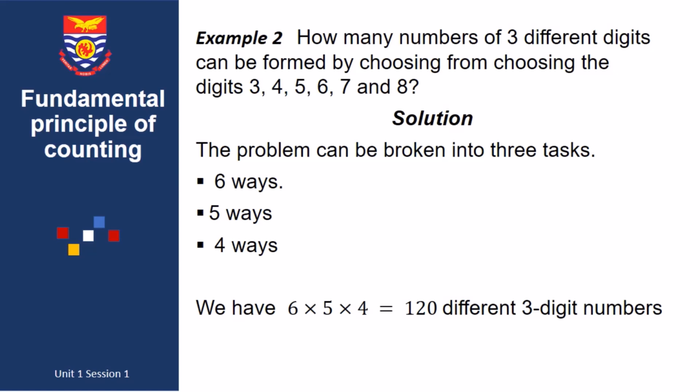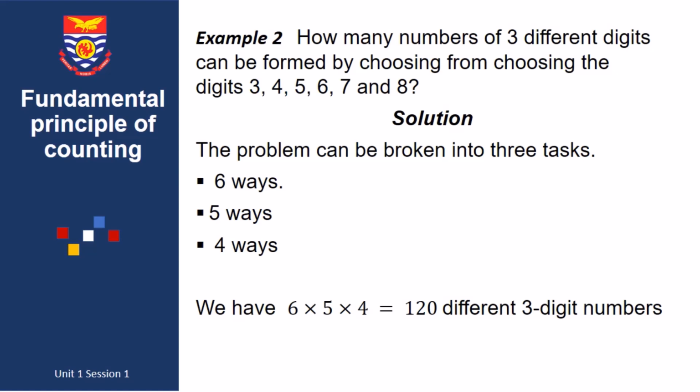Now, how can we carry out this task? We are forming a 3-digit number. So what it means is that we can break this problem into 3 tasks. What are the tasks we are talking about? Selecting the hundreds digit, the tens digit, and then the ones.